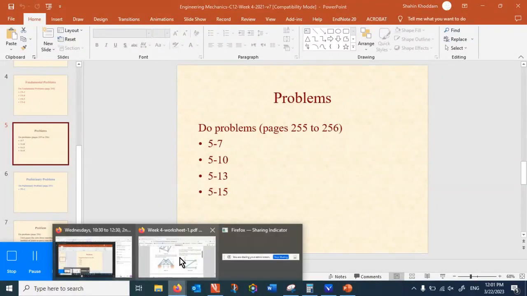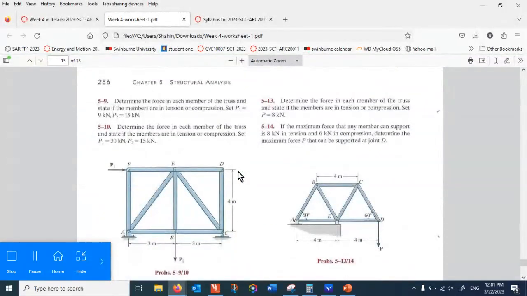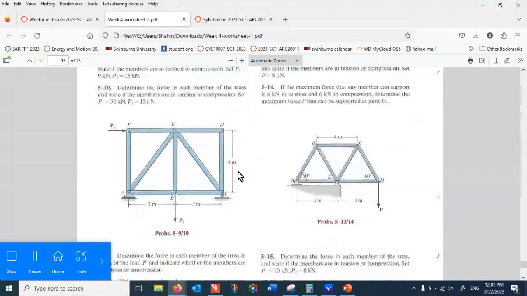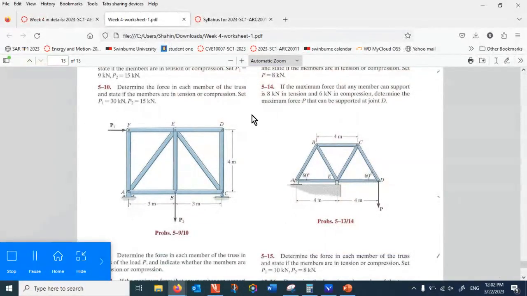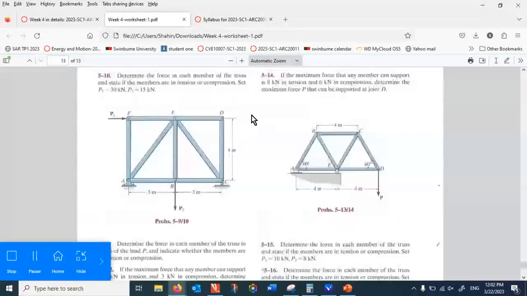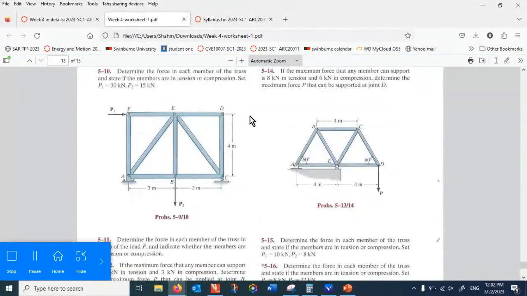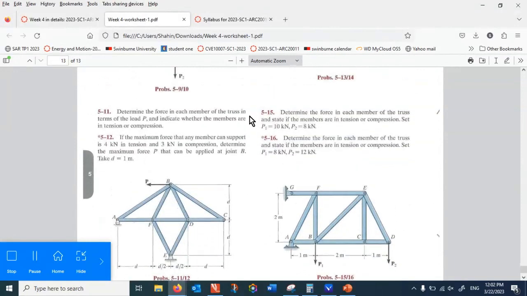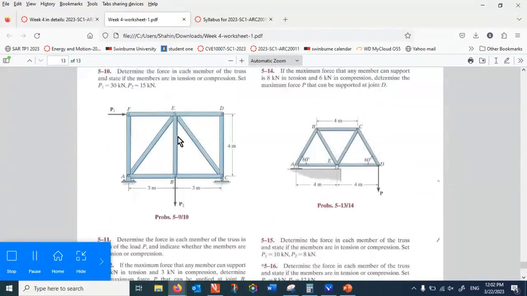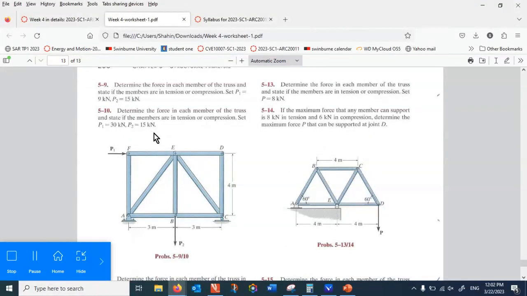And now we go to 56. Do you find 0 force members here?